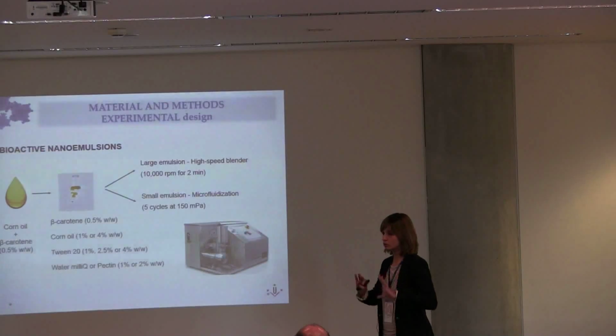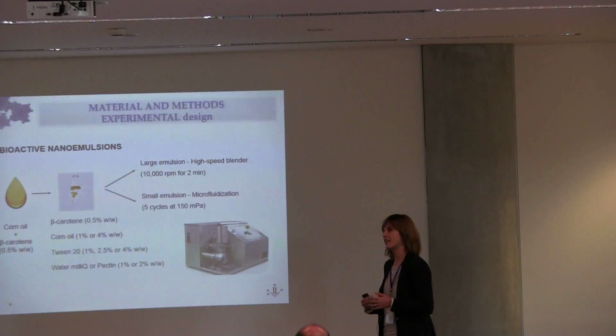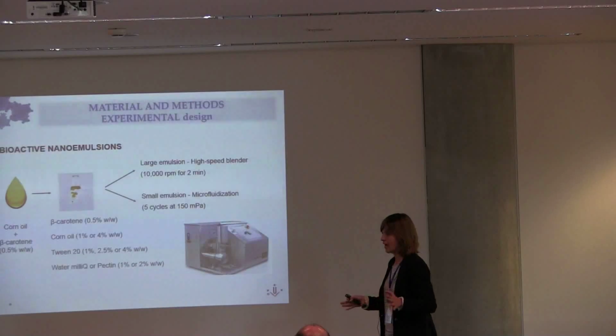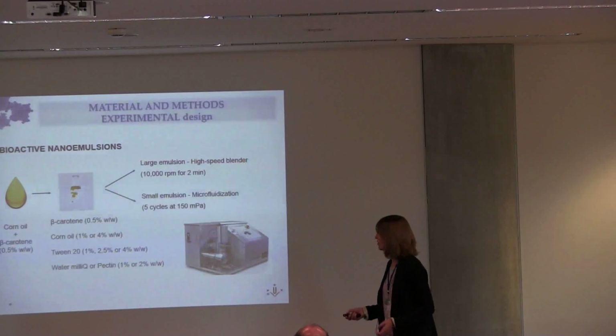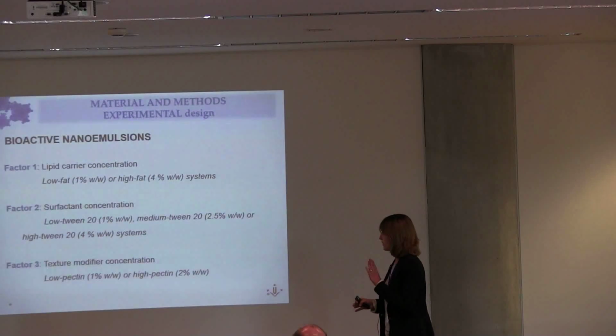Then we prepare two different emulsions. The large emulsion is the one that we call the conventional emulsion, the one that is just prepared with a high-speed blender, and the other one was the small emulsion or the nanoemulsion, the one that is prepared by microfluidization. The factors we studied here were the lipid carrier concentration. We had 2 different systems, low fat and high fat, at 1 and 4%.